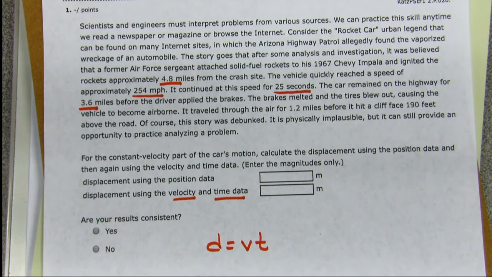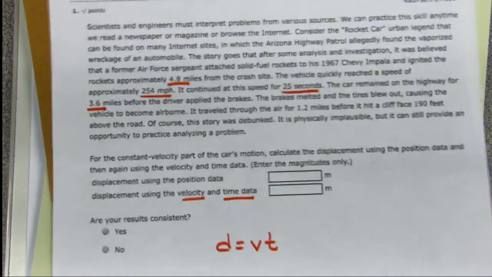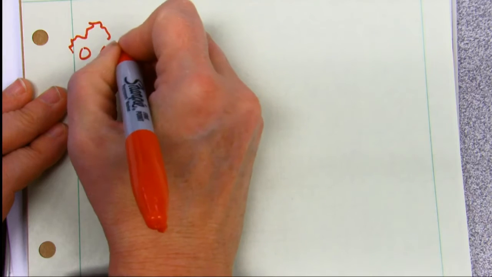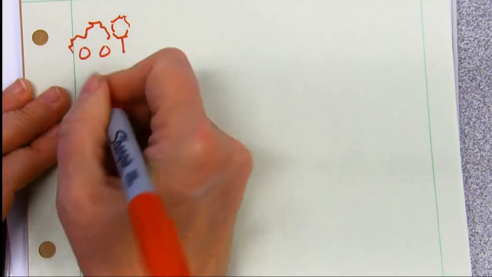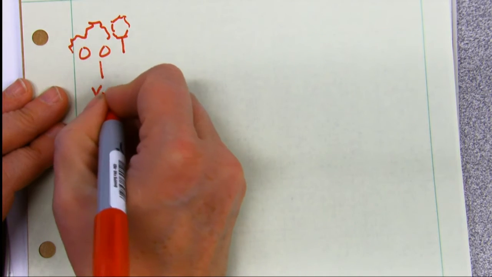So let's do one of my favorite type problems. I've got my lovely little car here, and I'm going to be at the stop sign with an initial velocity of 0.